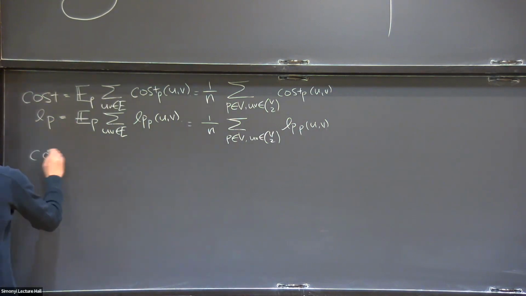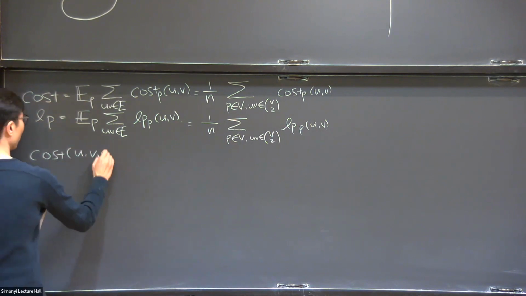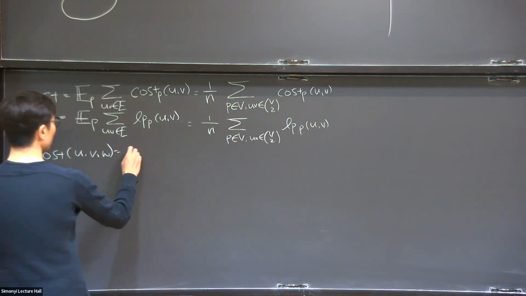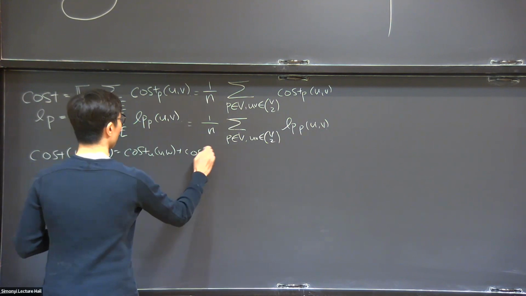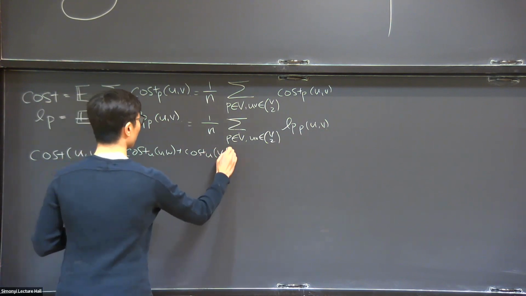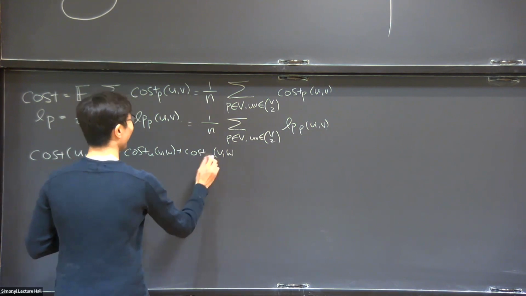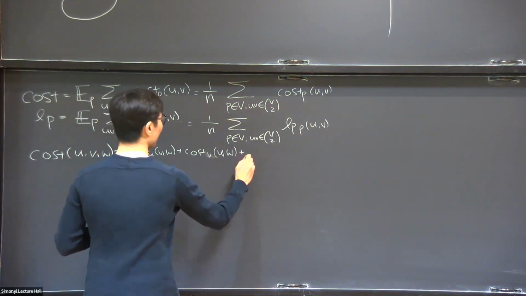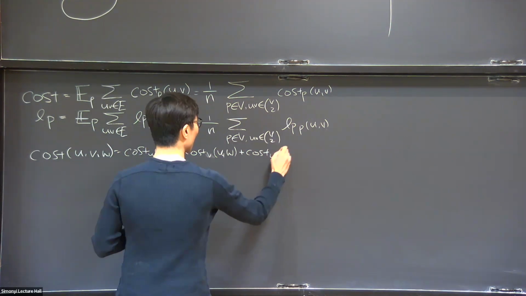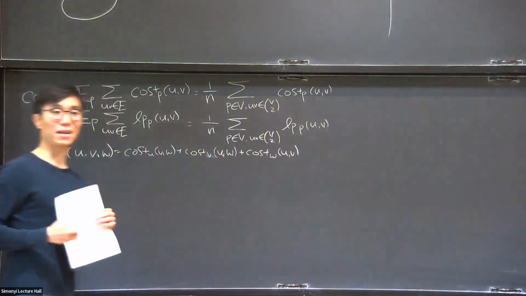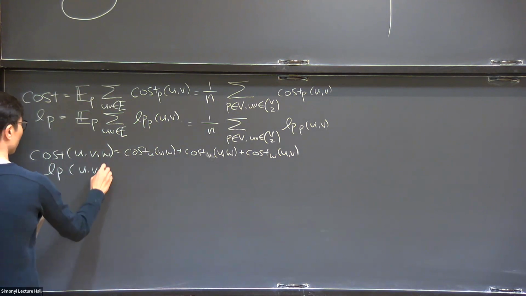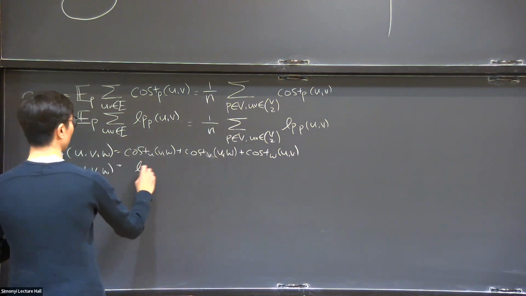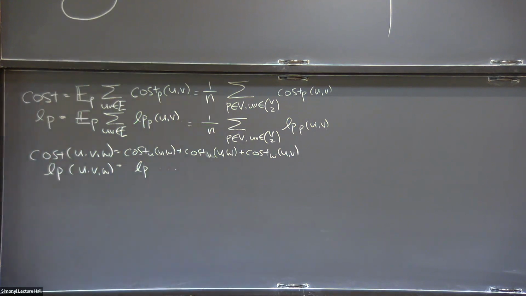Then what they did is, the cost of UVW, let's define it as cost sub U over VW, plus cost of UW, plus cost of WU. Basically the symmetrized triangle, and then LP of UVW is defined as the similarity.